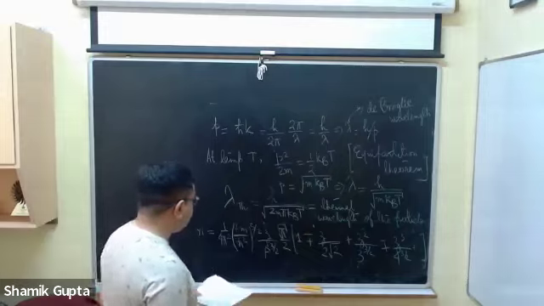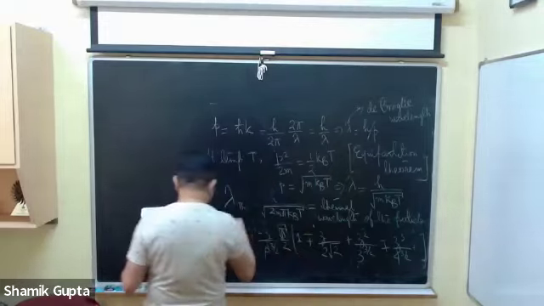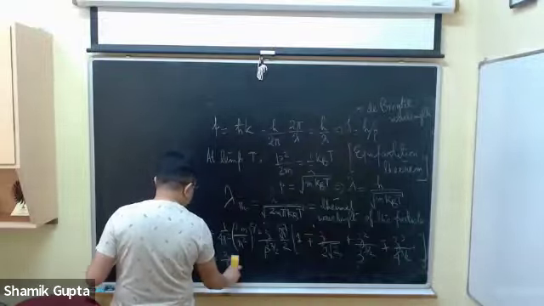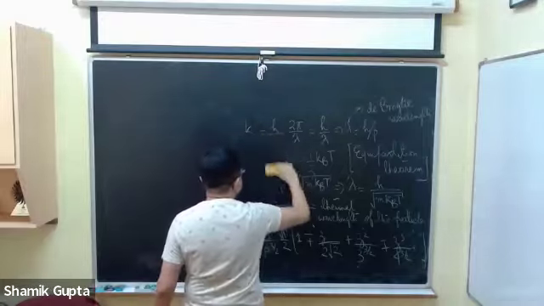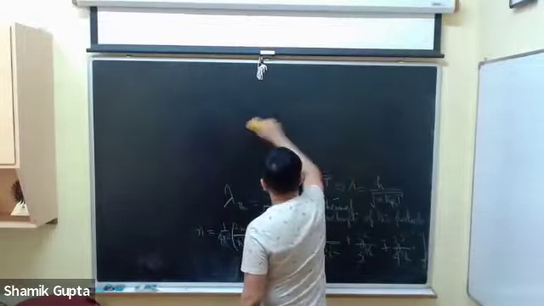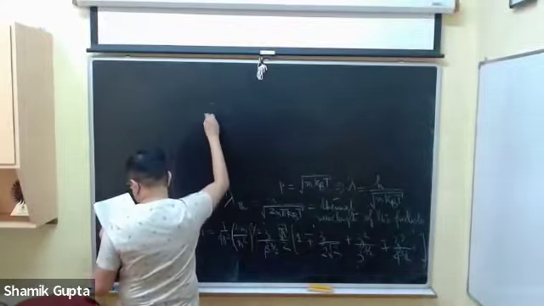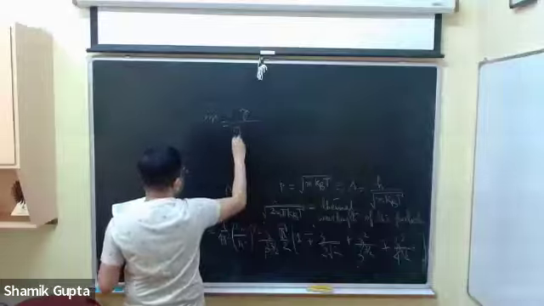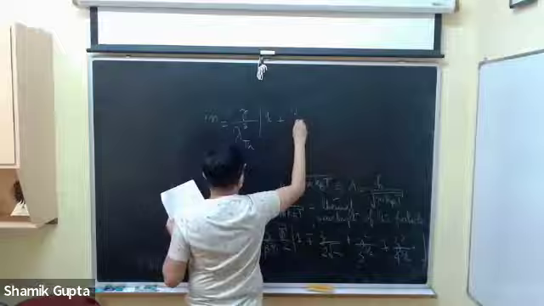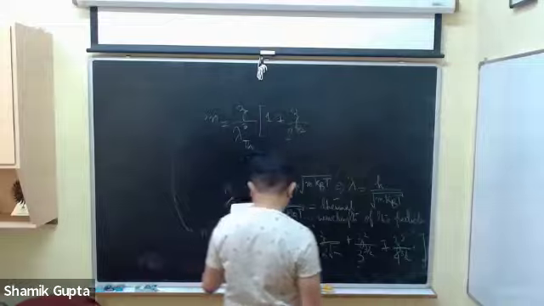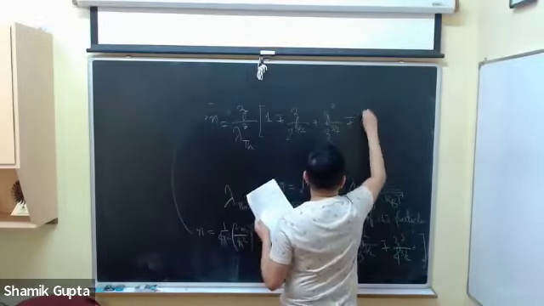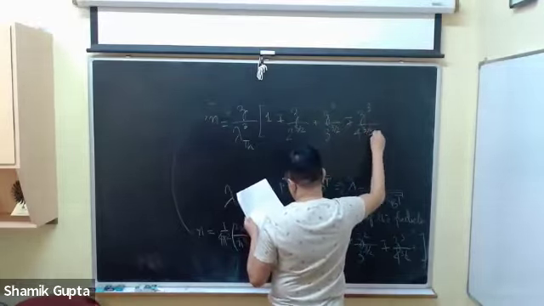Why do I introduce that quantity? Because in terms of this quantity, this whole prefactor writes simply as, let me write it upstairs, this equation, simply z divided by lambda th whole cube of 1 minus plus z by 2 to the power 3 by 2, whatever I have there, plus z square by 3 to the power 3 by 2 minus plus z cube by 4 to the power 3 by 2 and so on.